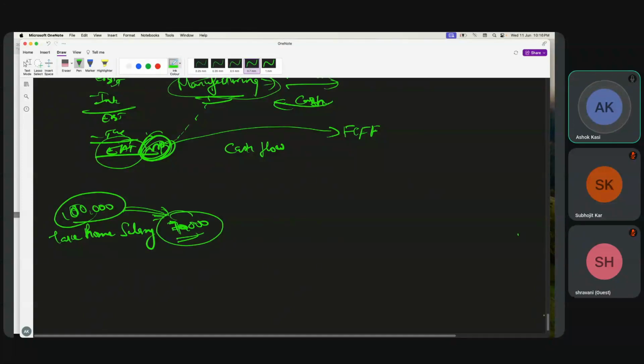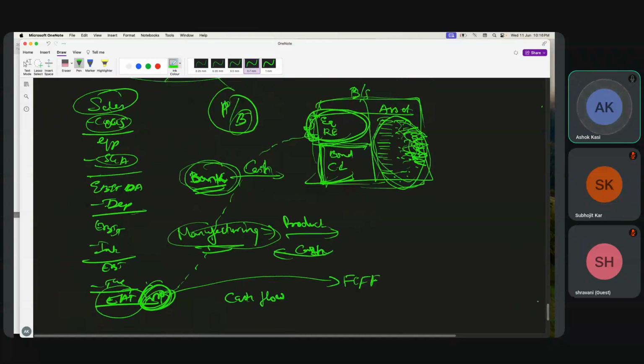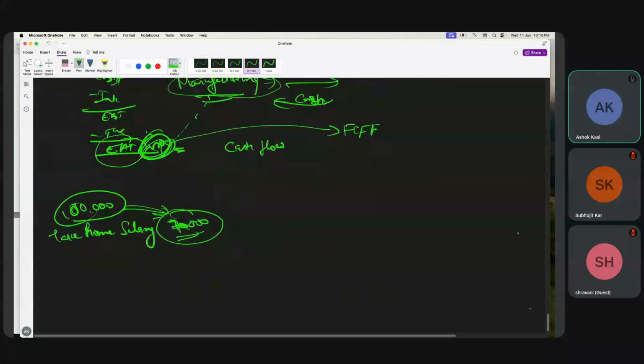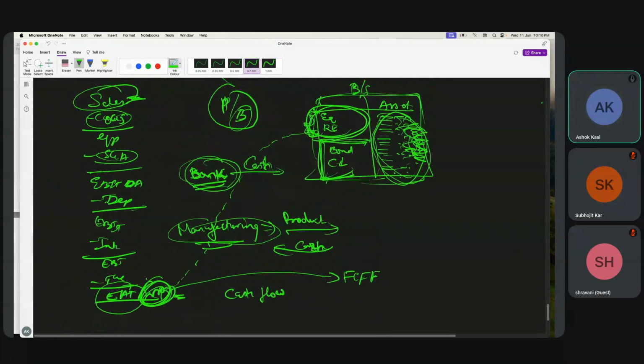Similarly here also, how much cash is it generating? Is it that they are doing all credit sales and increasing the earnings, so at the ground level, no cash is coming? That's why cash can also be used. How much cash is there, only that I am believing. Like here, I believe only 70,000. The rest I am not seeing. So similarly, whatever cash is coming out of this net income, only that I am going to believe.